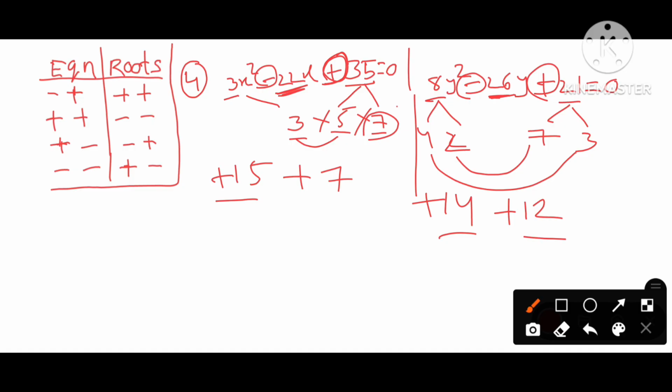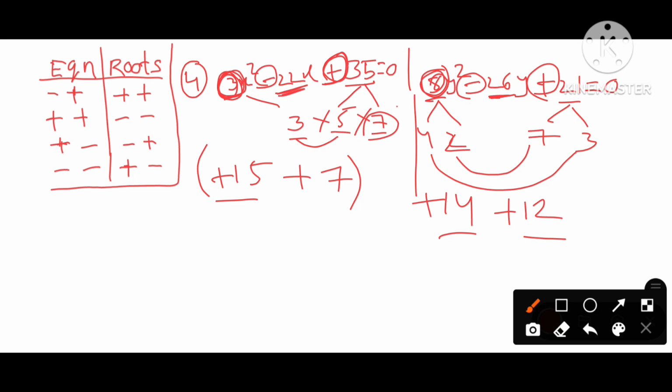But here is a problem: we have coefficients also. In the x equation the coefficient is 3, and in y the coefficient is 8. To make the bases equal, the LCM of 3 and 8 is 24, or else we multiply the roots oppositely.